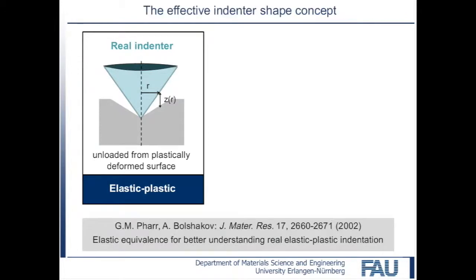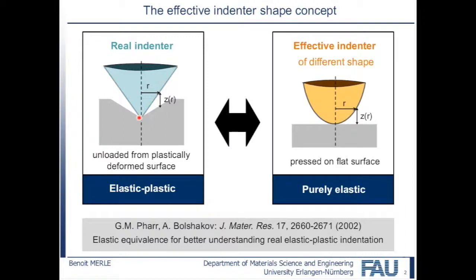Before we start, I would like to introduce the effective indenter shape concept. That is a concept that has been introduced by Oliver and Pharr and Bolshakov in 2002. It basically consists of an equivalence between the real situation where an indenter is removed from a plastically deformed surface, and the virtual ideal case, where a virtual indenter of slightly different shape is actually pushed onto a flat surface in a purely elastic way.